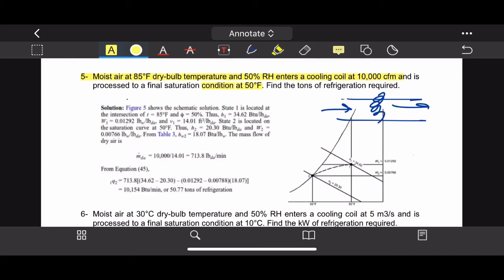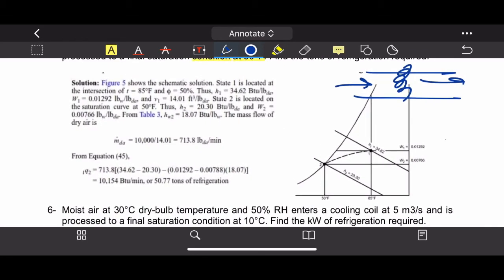Find the tons of refrigeration required. So it says here, figure 5, shows a schematic solution. State 1 is located there, and state 2 is located there, by using the states which is given here.